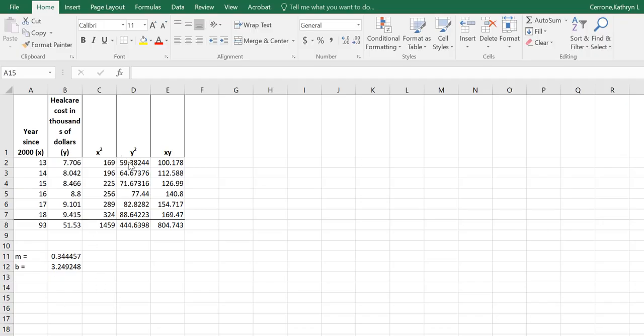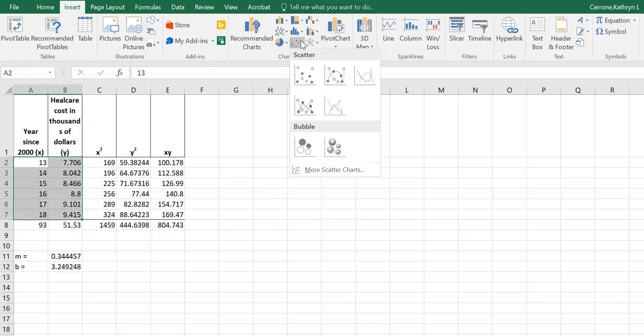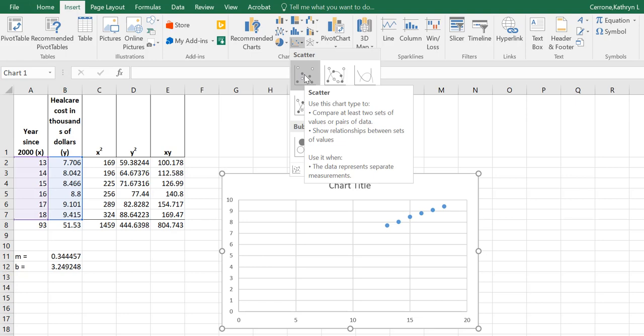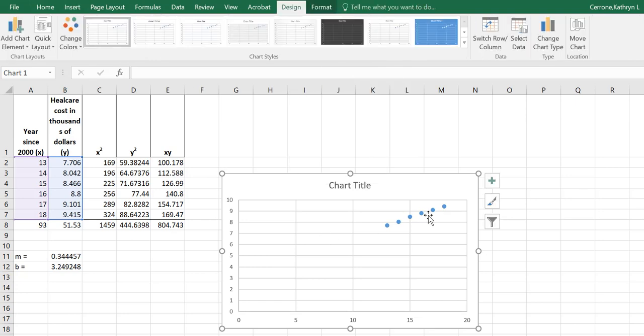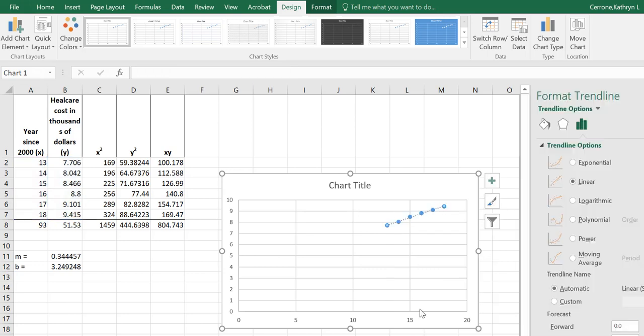If we want to check our work here, then we are going to go over to insert. Again, we're going to grab our x and y values here. We're going to make our scatter plot, which is right here. It puts them over here since we don't have the 0 there. It starts at 13. Again, we're going to right-click and add trend line. And again, we want it to be linear.